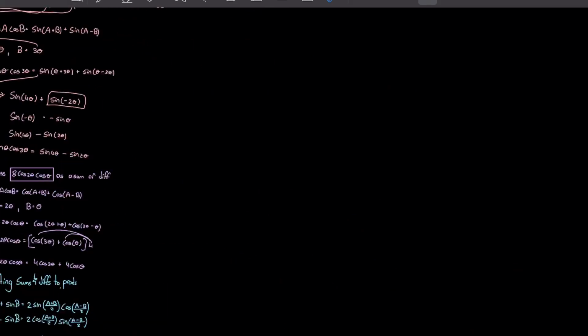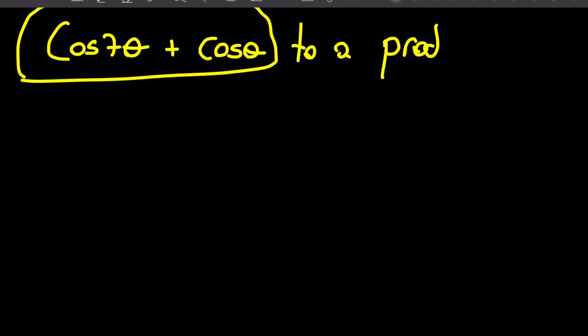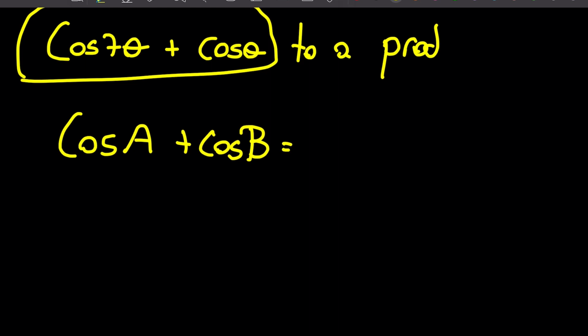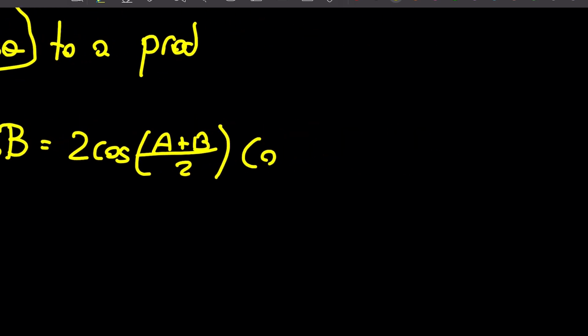So we can now go and work this out. So we know that cos A, because this mimics the form cos A plus cos B, is going to be equal to 2 times cos of A plus B over 2 times cos of A minus B over 2.